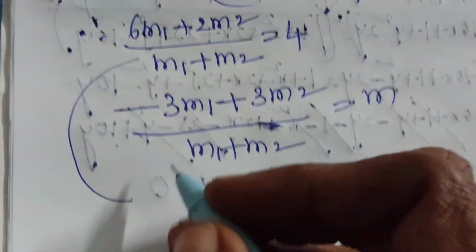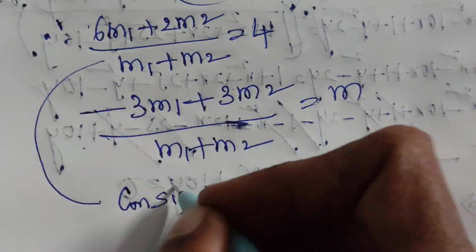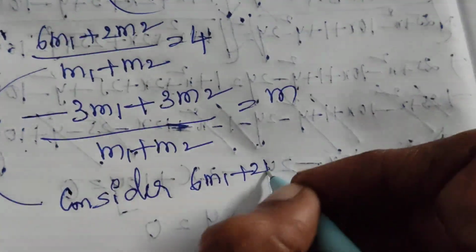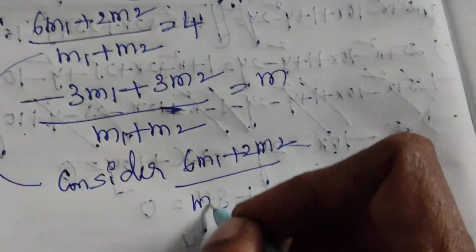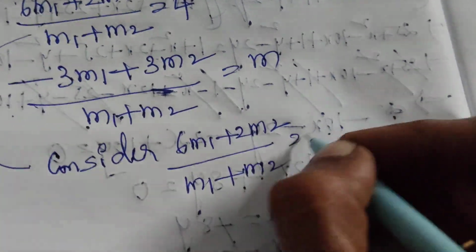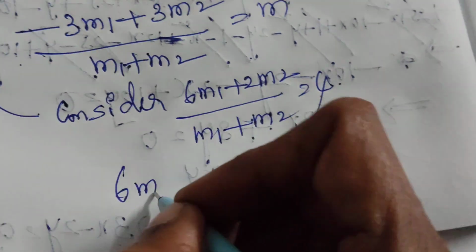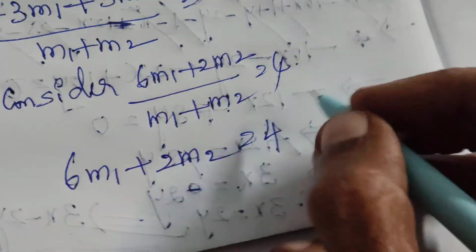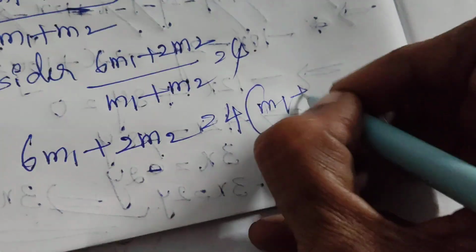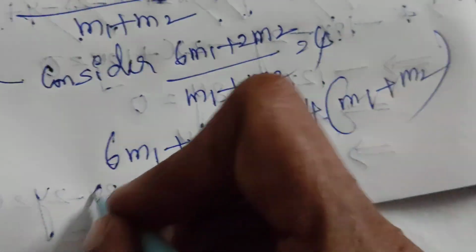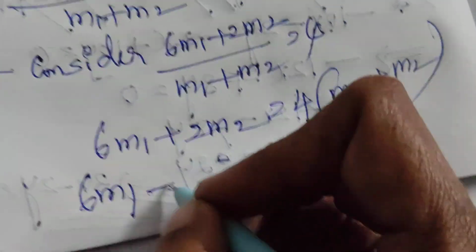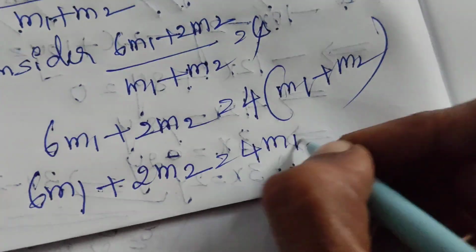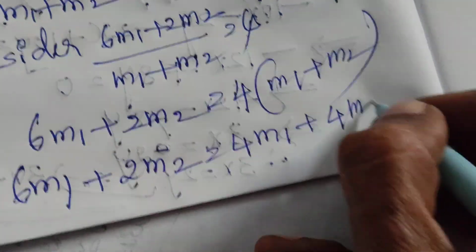Now consider (6 m1 + 2 m2) by (m1 + m2) equals 4. Therefore 6 m1 + 2 m2 equals 4 into (m1 + m2), that is 6 m1 + 2 m2 equals 4 m1 + 4 m2.